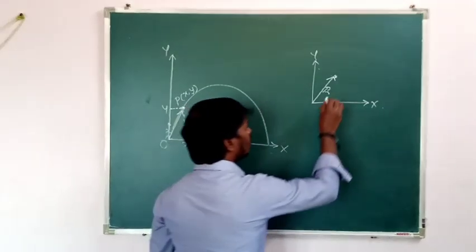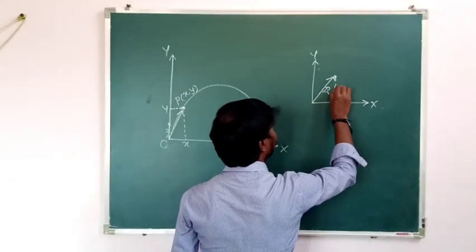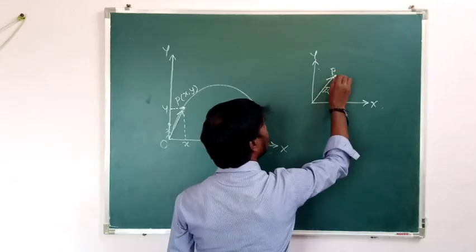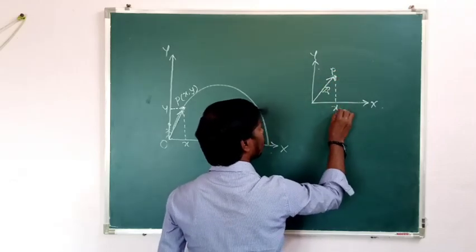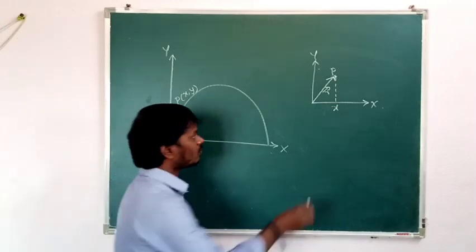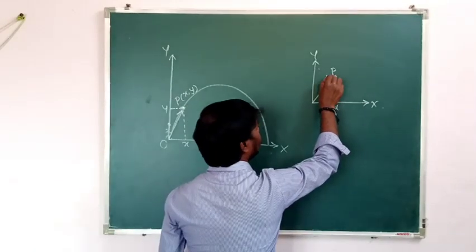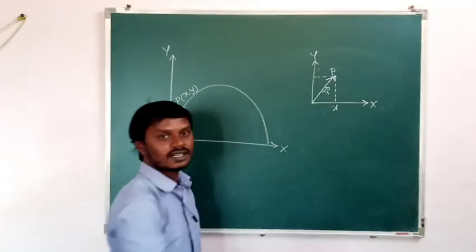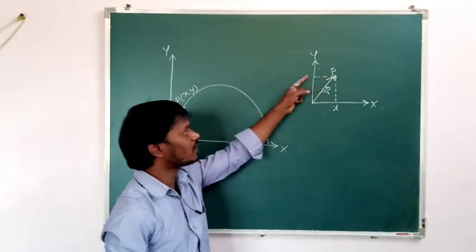In order to find the x component of the position vector, we have to draw the perpendicular line from the position of the object to the x-axis, then it is the x component. And in order to find the y component of the position vector, we draw the perpendicular line from the position of the object to the y-axis.